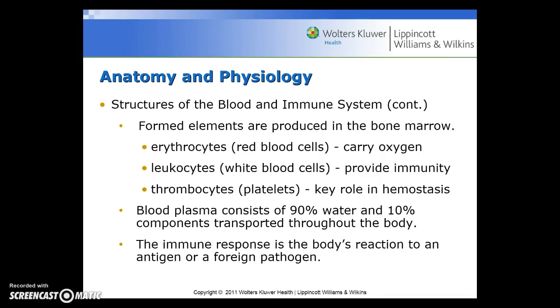And thrombocytes, which are platelets, and their key role is in hemostasis. The blood plasma consists of 90% water and 10% of components transported throughout the body, and the immune response is the body's reaction to an antigen or a foreign pathogen.